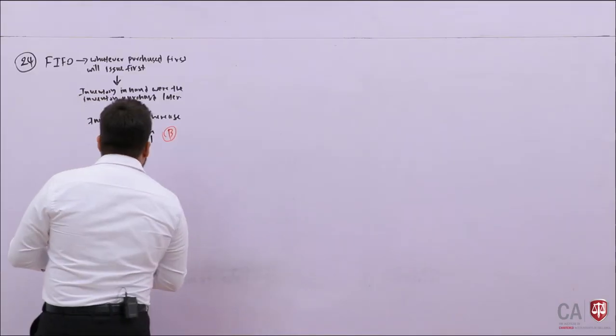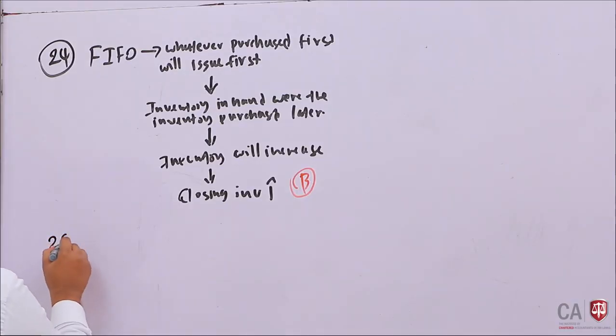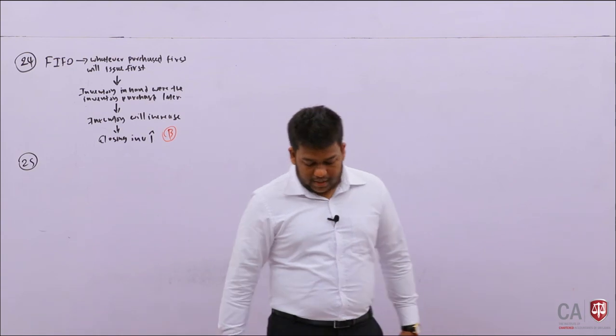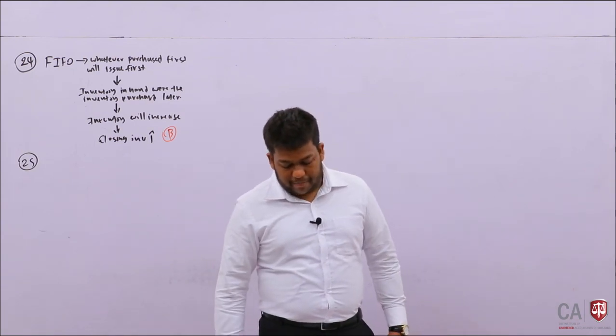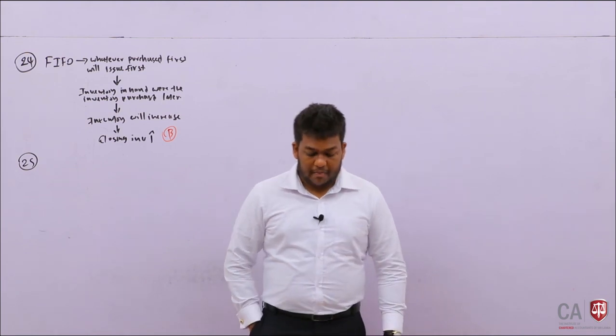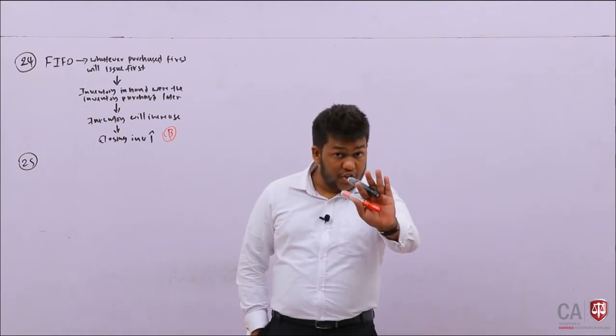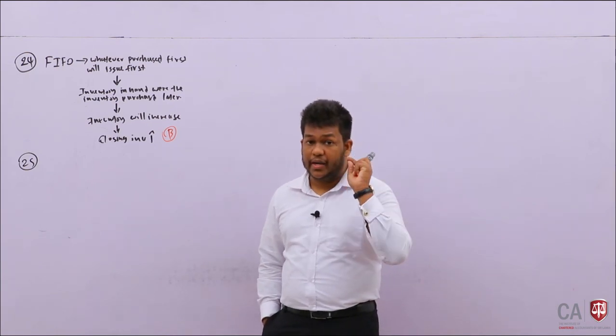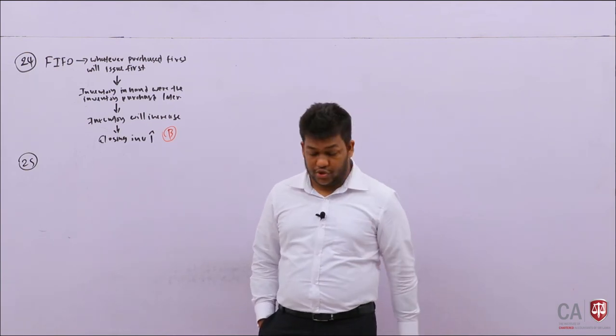Answer B. So go for the next one, 25th. A company operates a standard absorption costing system and absorbs fixed production overhead based on machine hours. Please make sure absorption will happen based on machine hours, not based on units.